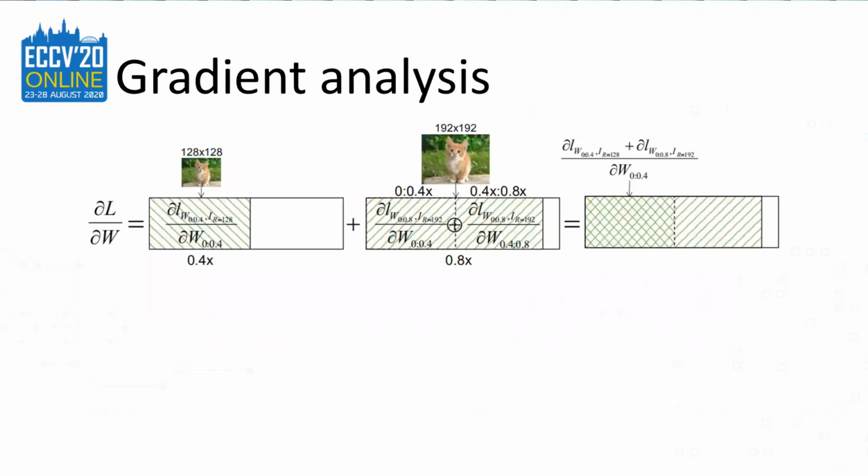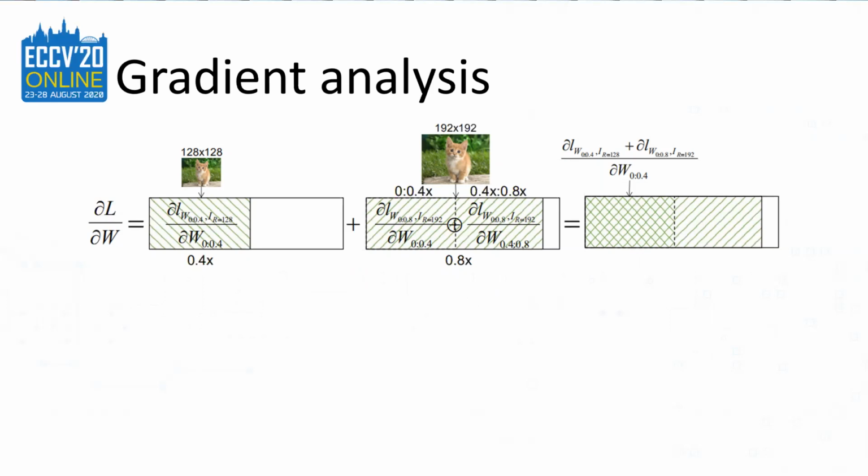We explain that this learning scheme allows each subnetwork to learn multi-scale representations from both network scale and input scale. This is a simple example with only 2 subnetworks and 2 resolutions. Subnetwork 0.4 is trained with resolution 128, and subnetwork 0.8 is trained with resolution 192. During backpropagation, their gradients are accumulated and used to update the weights.